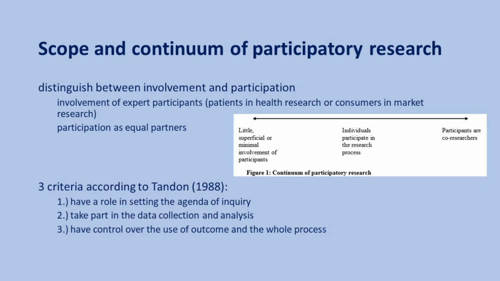First of all, in order to identify research as participatory, we have to acknowledge that participants have a role in setting the agenda of the inquiry, that they are taking part in the data collection and the analysis, and finally, that they have control over the use of the outcome and the whole process. This brings us back to the point that participatory research is considered political and activist, because it uses the research participants as experts in their fields, and therefore they have to be part of the process.